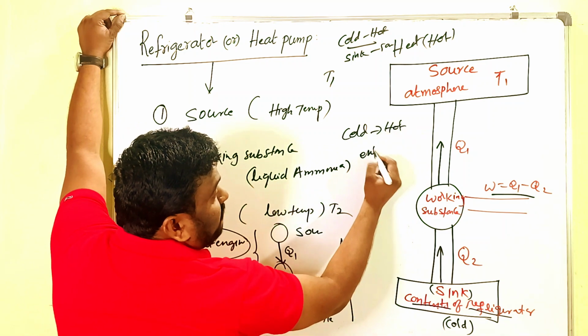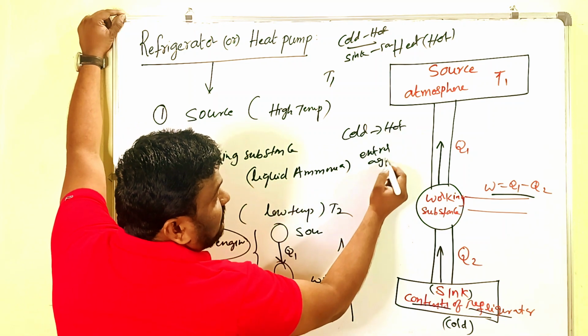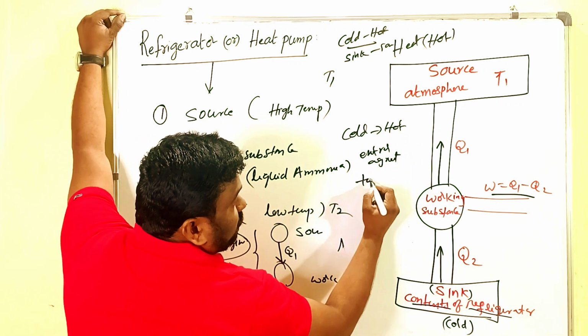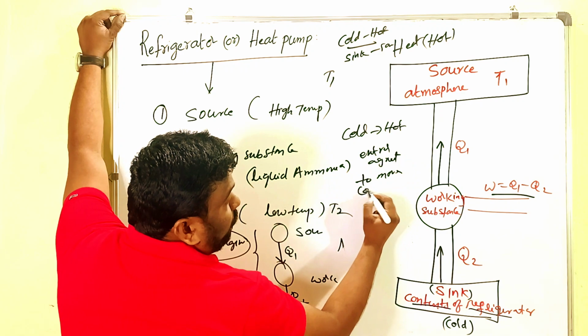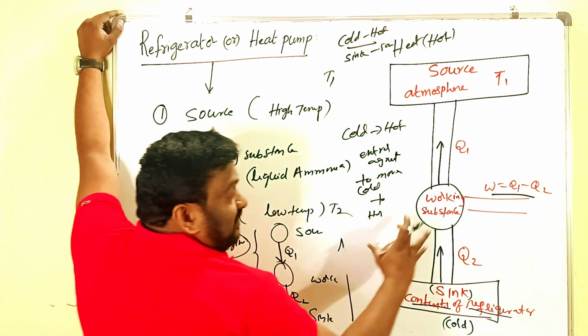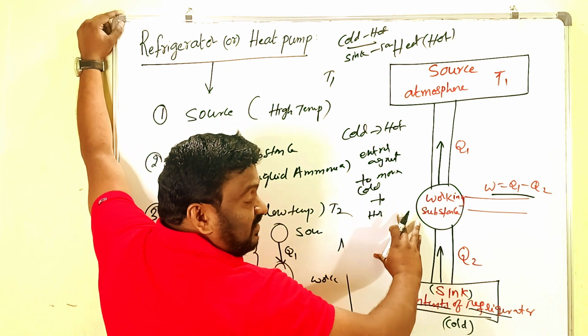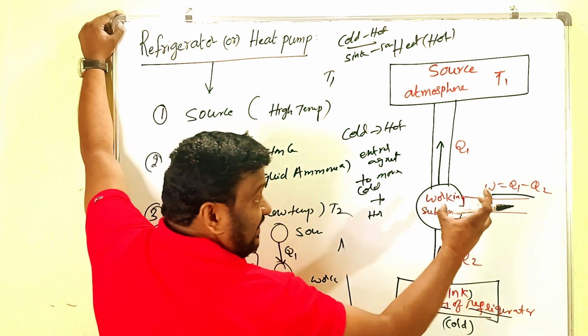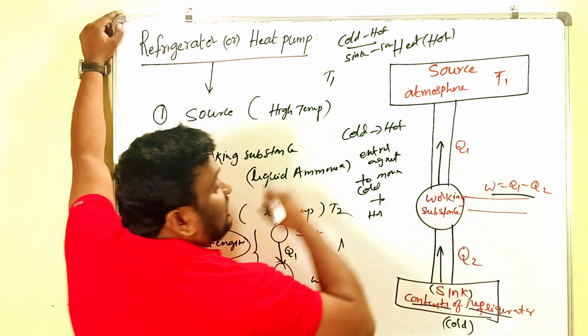That's why some external agent is required to move the heat from cold to hot. The compressor available in the refrigerator acts as the external agent. Why?